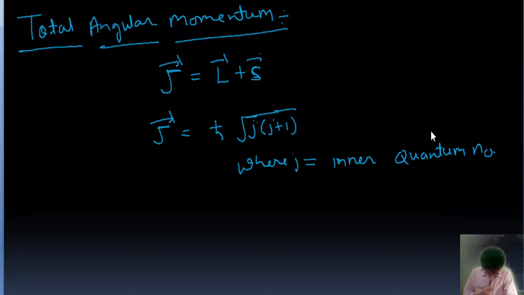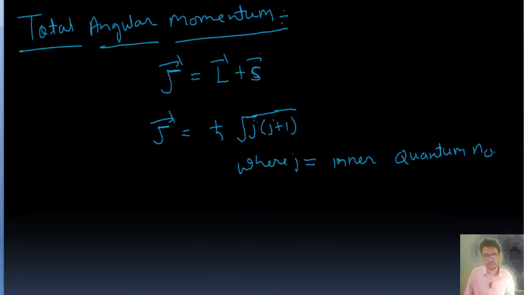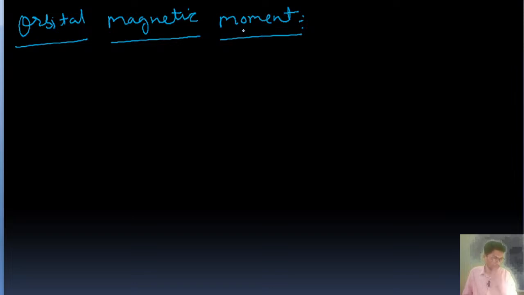Next is orbital magnetic moment. Orbital magnetic moment means the magnetic moment we know, which is denoted by mu.